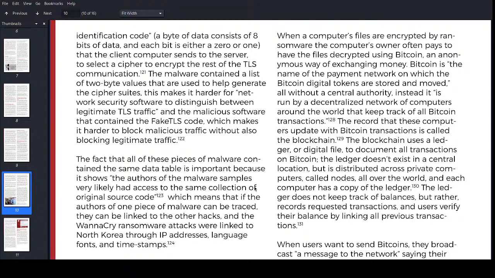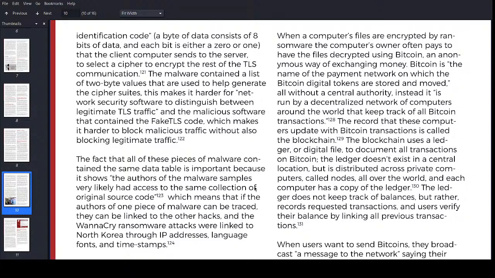The record that these computers update with Bitcoin transactions is called a blockchain. The blockchain uses a ledger, or digital file, to document all transactions on Bitcoin. The ledger doesn't exist in a central location, but is distributed across private computers called nodes all over the world, and each computer has a copy of the ledger.